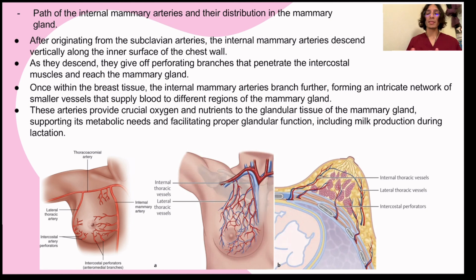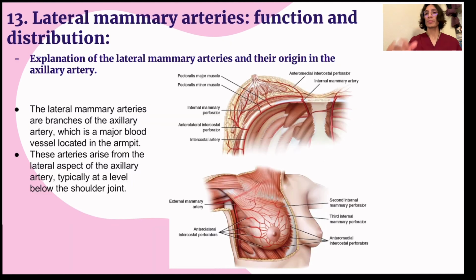Once within the breast tissue, the internal mammary arteries branch further, forming an intricate network of smaller vessels that supply blood to different regions of the mammary gland. These arteries provide crucial oxygen and nutrients to the glandular tissue of the mammary gland, supporting its metabolic needs and facilitating proper glandular function, including milk production during lactation.